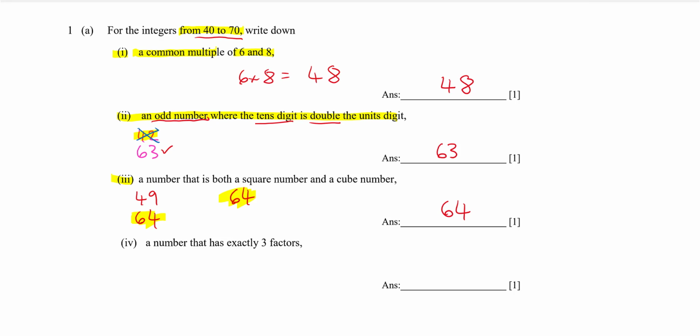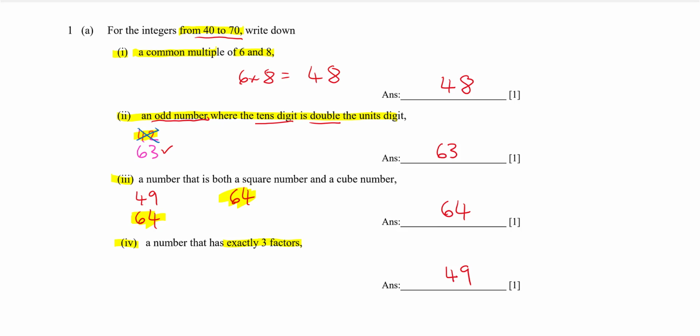For part 4, we need a number that has exactly 3 factors. So if it's between 40 and 70, we know 2 of the factors are going to have to be 1 and then the number itself, so we can't have any more factors. So you're going to actually need to look for a square number, and the answer is going to be 49.